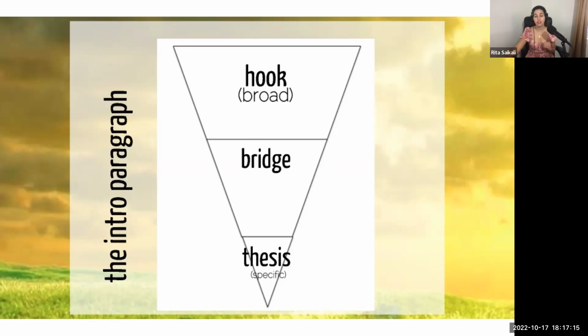As you go down, you have the hook, then the bridge, and then the thesis. The hook is very broad and general, not very specific, and the thesis is very specific towards the things you are exactly going to talk about in this paragraph.